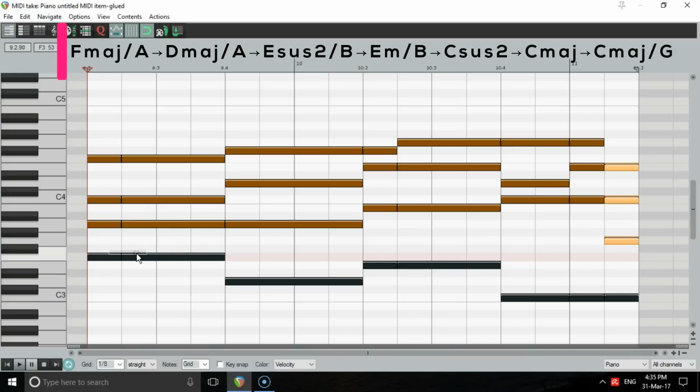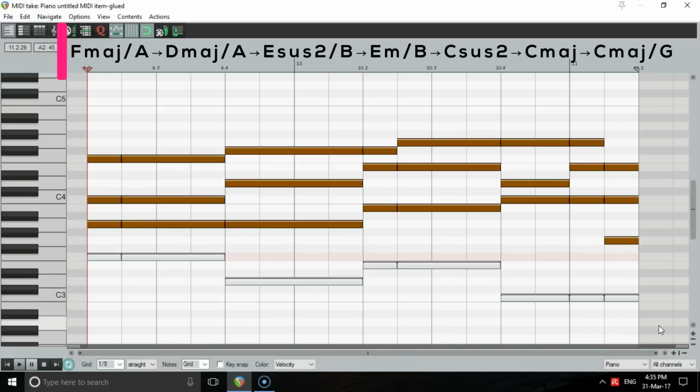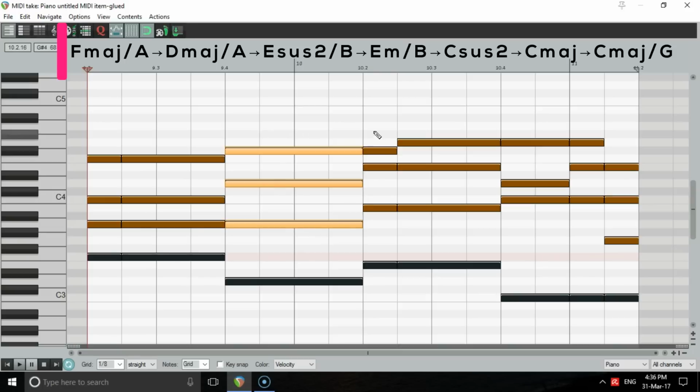The root notes are muted below each chord for reference. This chord progression is definitely in the key of F major, even though half the chords are non-diatonic, i.e. the D major, E sus2, and E minor.